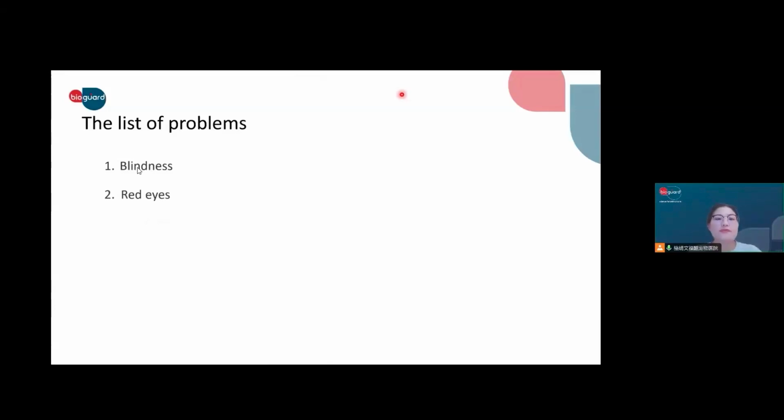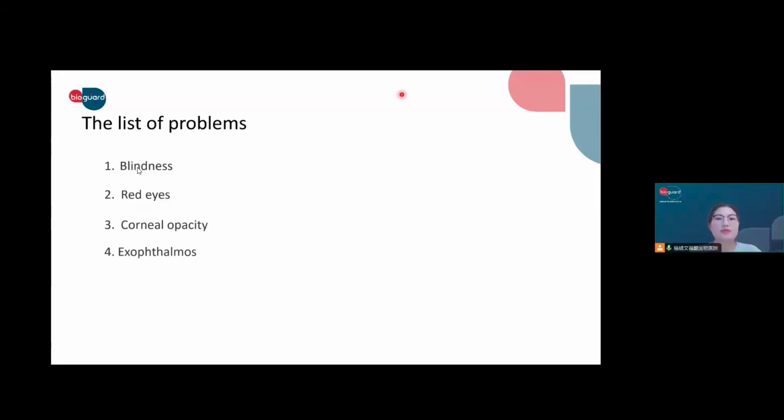Then, any other problems? Corneal opacity. It is said his cornea became cloudy, so we know that he also had corneal opacity. And exophthalmos.